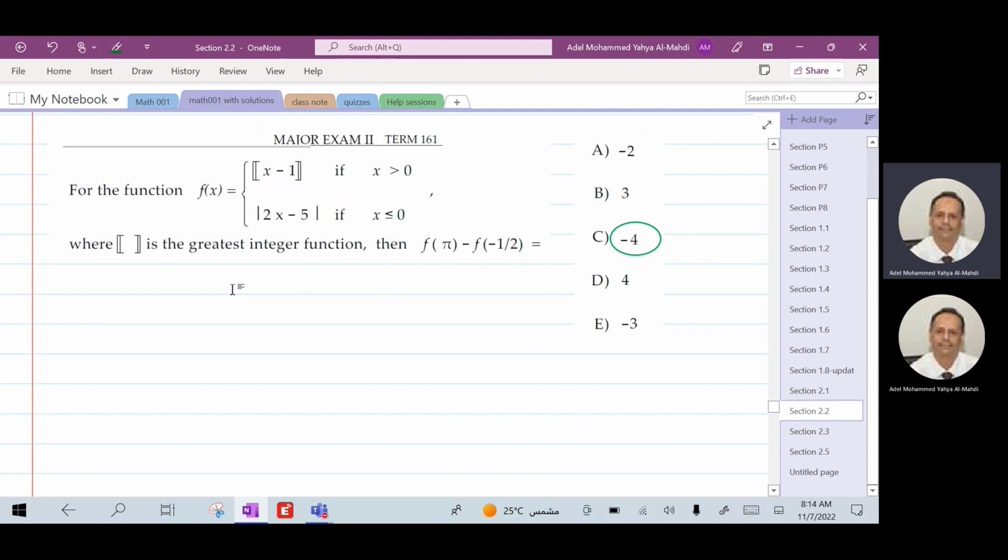Similar. We need f at pi. Where is pi? Pi is here. Pi is bigger than 0. So f at pi is equal to pi minus 1 inside the greatest integer function.